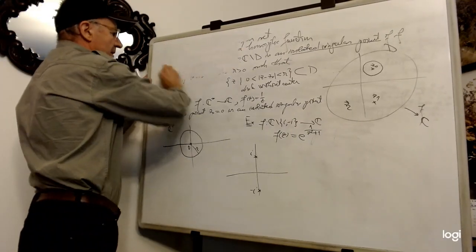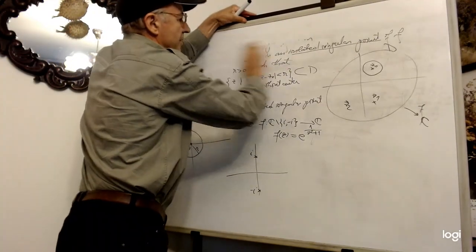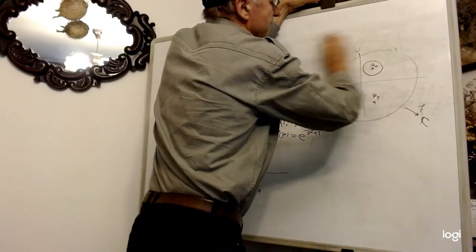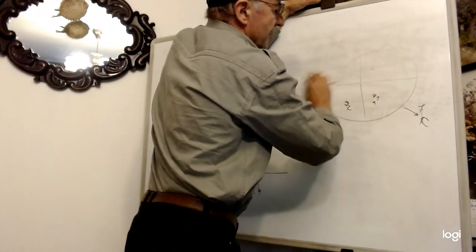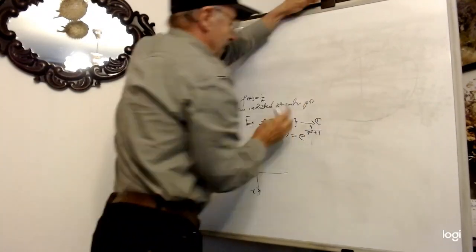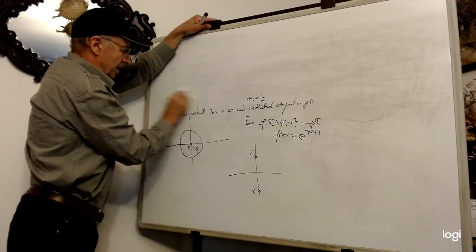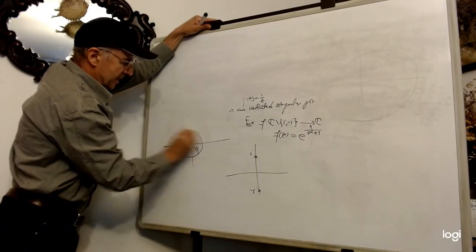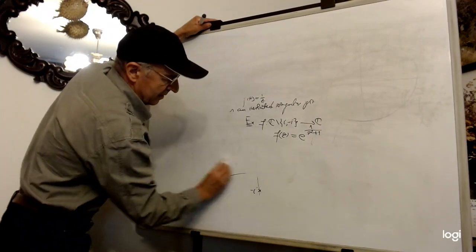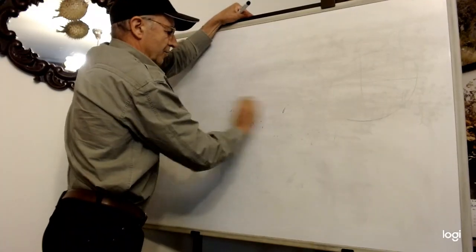Now we present a very important result. In the case of an isolated singular point, in the neighborhood of the point, our function can be expanded into a uniquely determined Laurent series, which is convergent around the point.